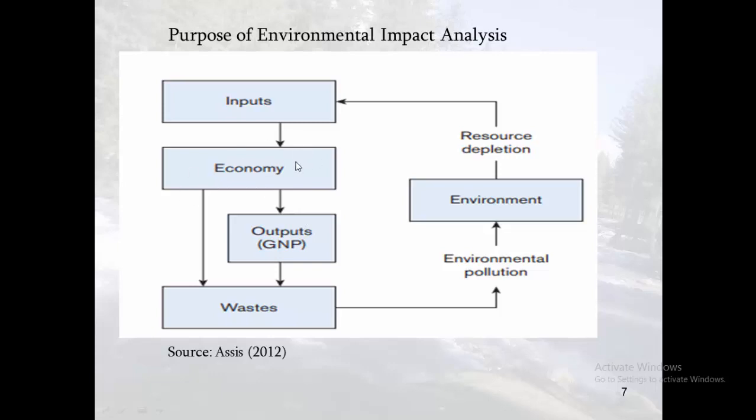But during this production process, the economy uses inputs from different sources, natural and artificial inputs. In the different industries and processes, these inputs are used, and we get the output in the form of the gross national product.